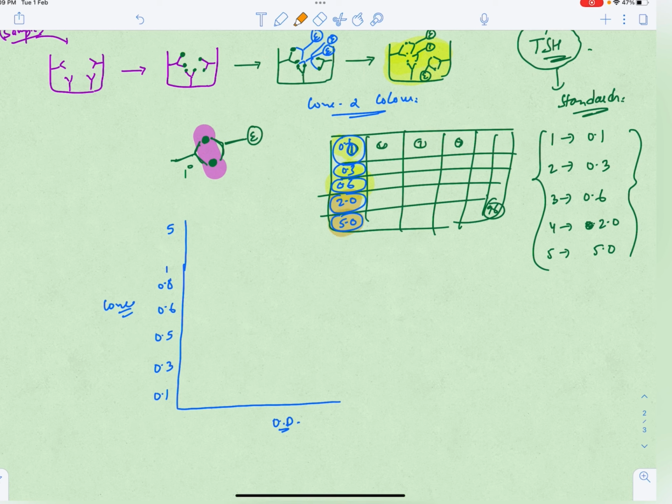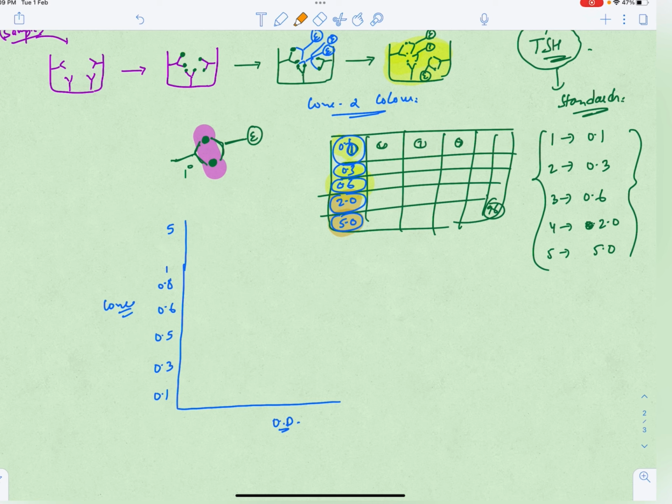So in sandwich ELISA, or in those ELISAs in which the concentration is directly proportional to color, you can visually see in the plate that as the concentration increases, the color also increases.